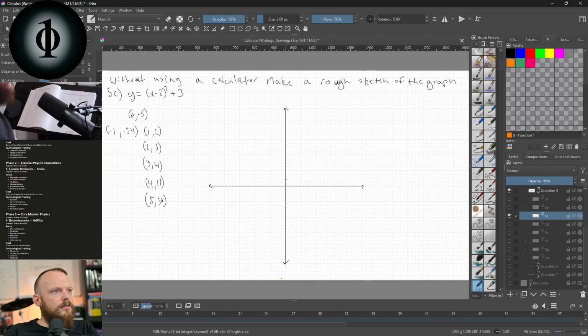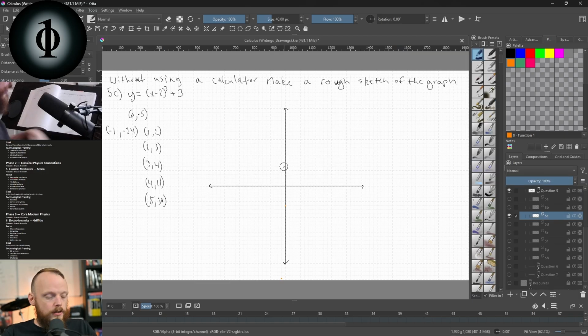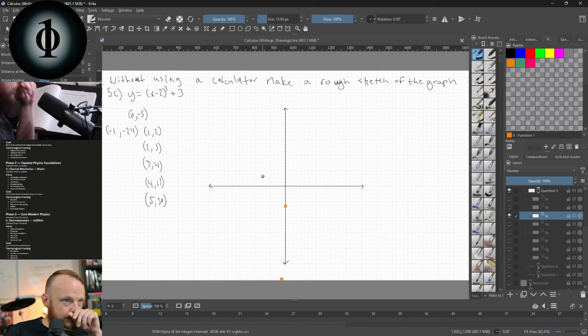And then the marker is actually probably better. Probably a better solution here, because I can just do points like this. Ooh, that's nice. And then 1, 2. At 1, 1, 2.